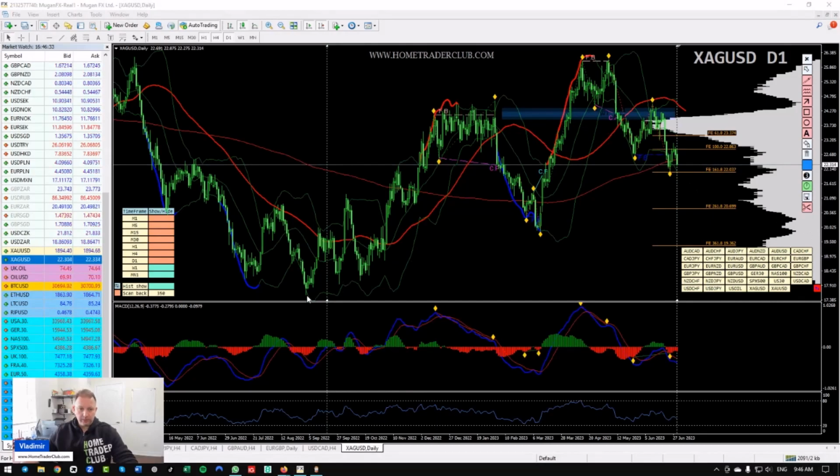According to the daily chart, we have a rising supportive line here, which I believe and anticipate should be retested. If we plot a Fibonacci expansion on these two legs, let me just do it quickly, you will see the Fibonacci expansion on these levels.